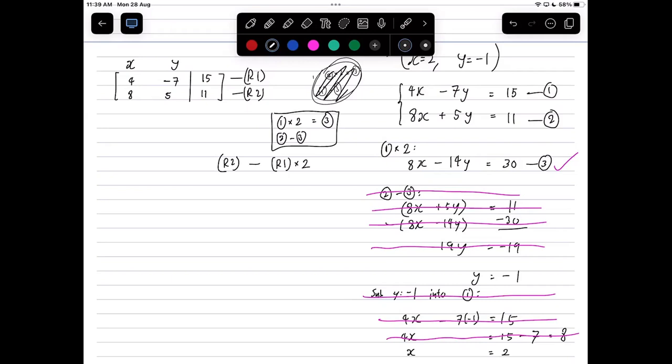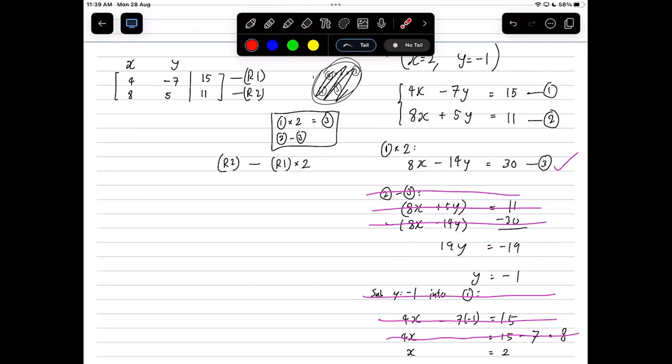So who should actually be updated here? Actually, it should be 19y equals negative 19. This should be the new updated version, right? Can you see why?